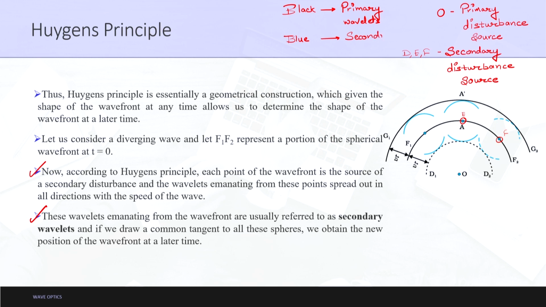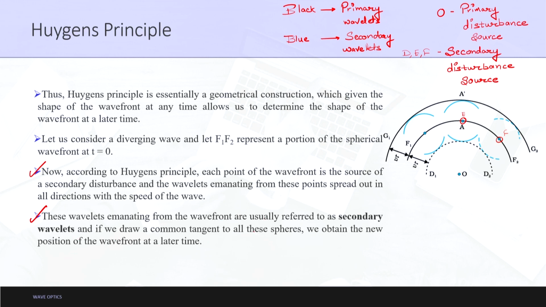As the name suggests, the wavelets formed from a primary disturbance source are known as primary wavelets, denoted by black color here, and the secondary wavelets are formed by secondary disturbance sources, denoted by blue here. These wavelets emanating from the wavefront are usually referred to as secondary wavelets.